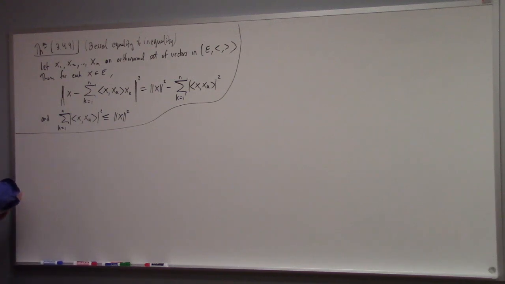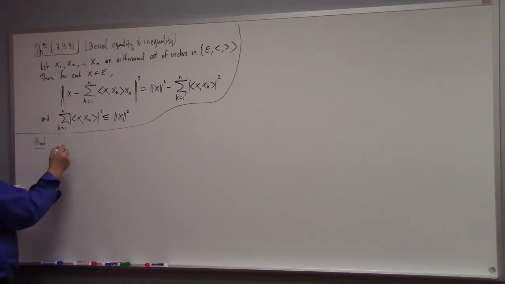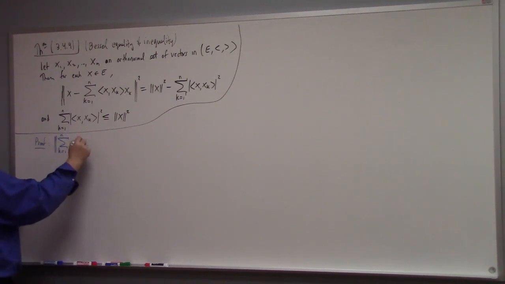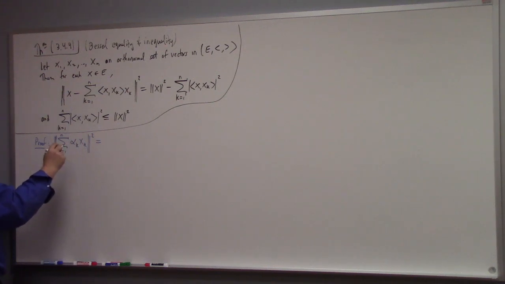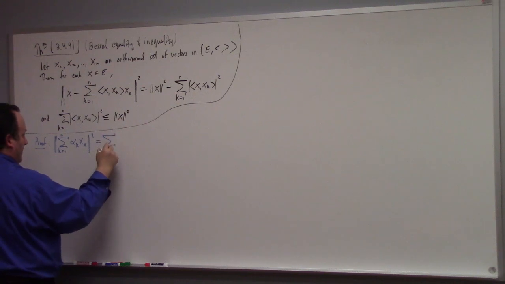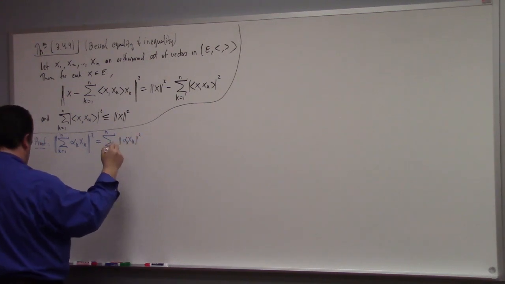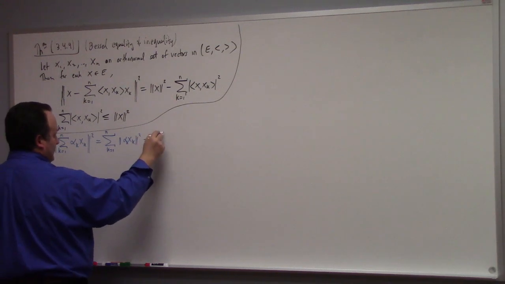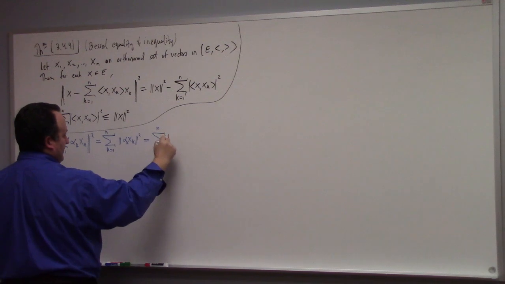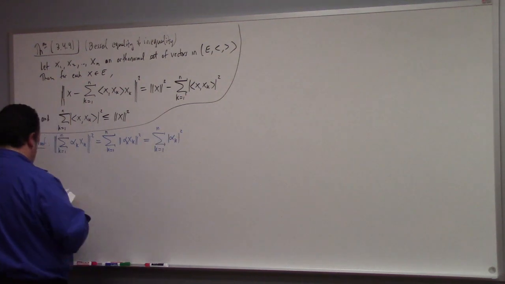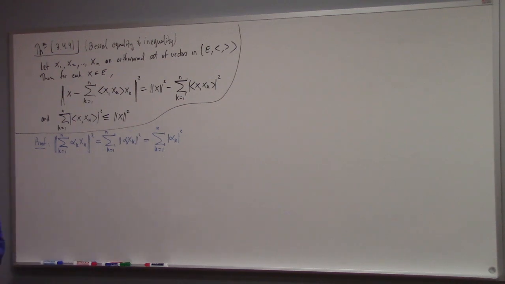Okay, so the proof. First of all, since we have an orthonormal set, if we look at the sum of k equals 1 to n of alpha k xk, the length of that squared is equal to the sum k equals 1 to n of the length of alpha k xk squared, which, because we're dealing with an orthonormal set, is just the sum k equals 1 to n of the modulus of alpha k squared, for arbitrary complex numbers alpha 1 through alpha n.